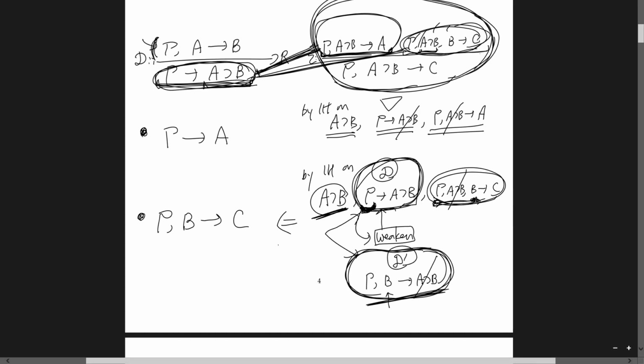First, we can pair this sequent and this sequent.